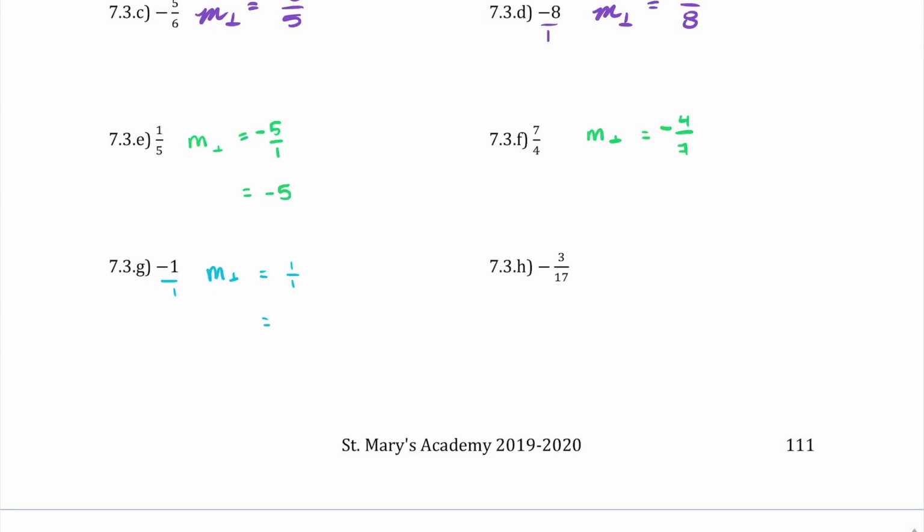It's positive this time. And again, we are going to simplify it to 1. And last but not least, we've got this slope of this perpendicular line, and we're flipping it the same. So the 17 on the top, the 3 on the bottom, the negative becomes positive, and we're good.